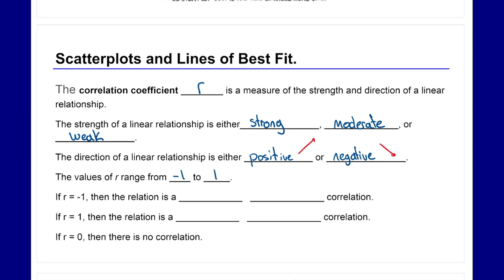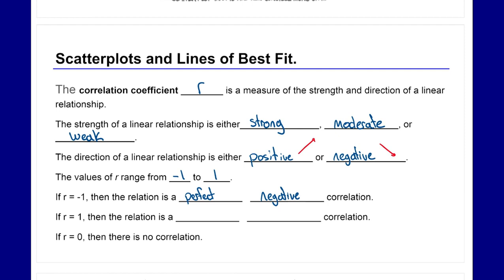Now, if we had an R value of -1, so the one far extreme, we would consider this a perfect negative correlation. So that means that the points would basically form almost a perfectly straight line that is decreasing as we move to the right.